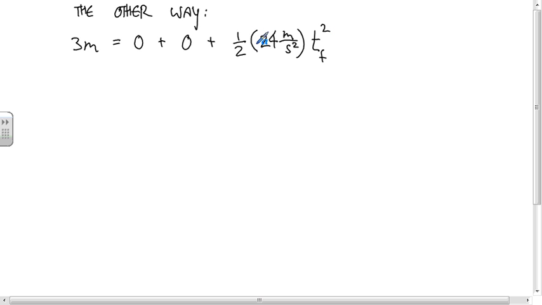So we can simplify this and we get 3 meters is equal to 12 meters per second squared times time final squared.